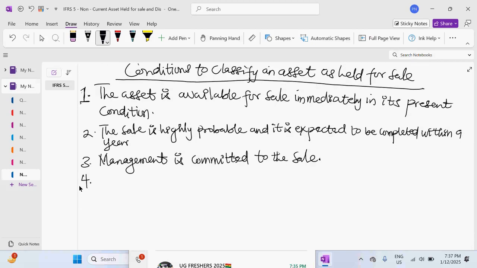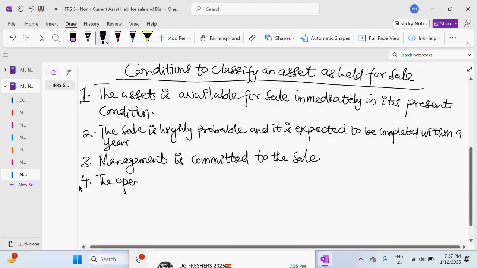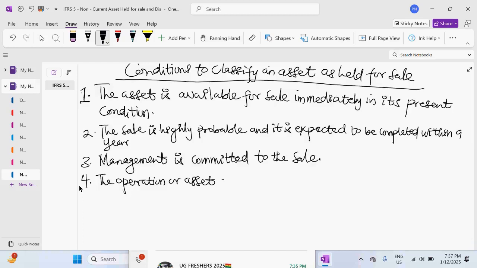And then the fourth condition is that the operation or the asset is being actively marketed.